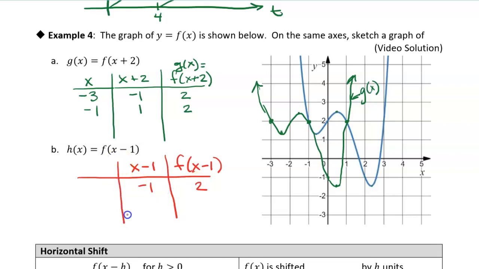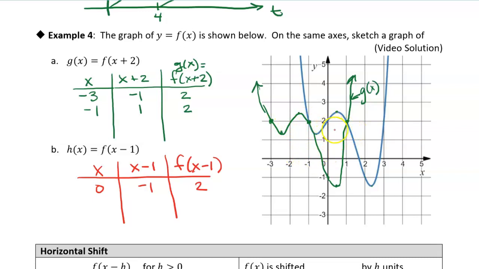And now what value of x makes x minus 1 equal to -1? Well, that's just going to be 0. So x has to be 0 in order for x minus 1 to be -1, which gives us an output of 2. Okay, so let's graph that point.